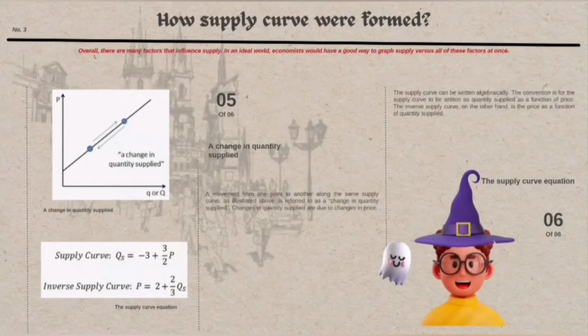And now the supply curve equation. The supply curve can be written algebraically. The convention is for the supply curve to be written as quantity supplied as a function of price. The inverse supply curve, on the other hand, is price as a function of quantity supplied.